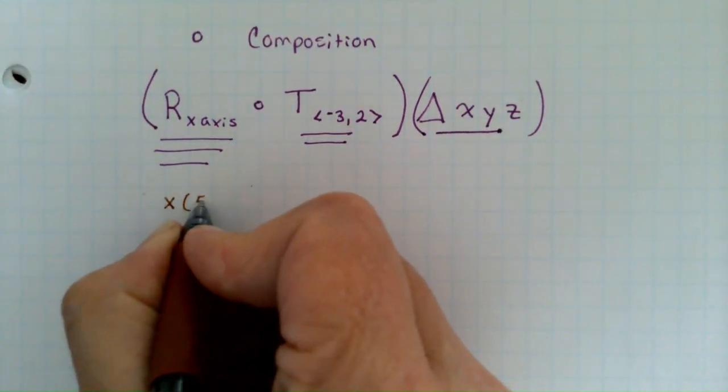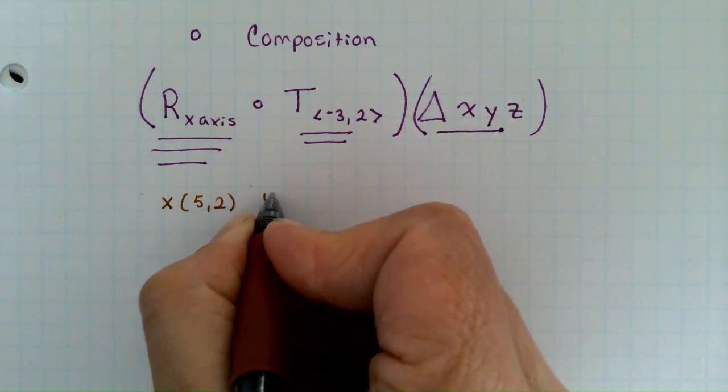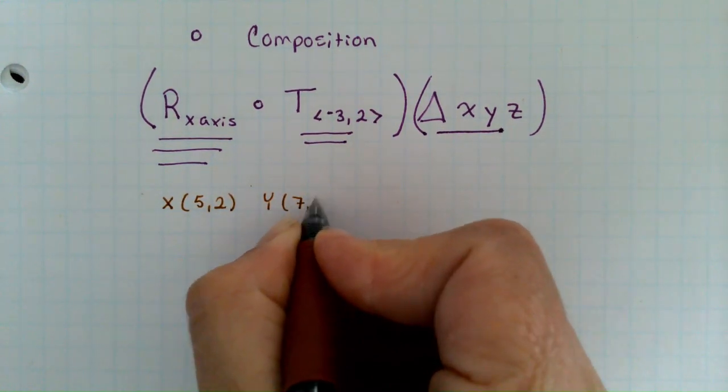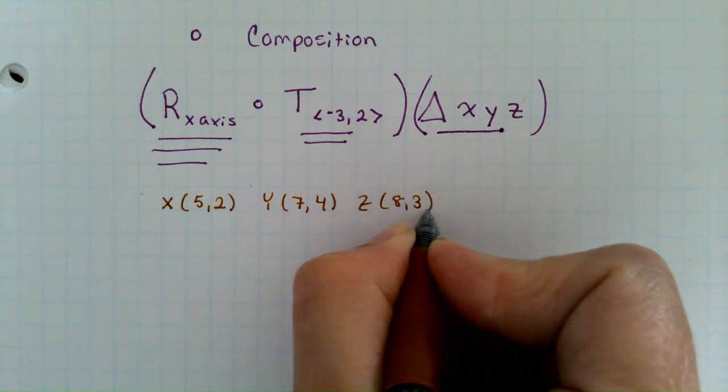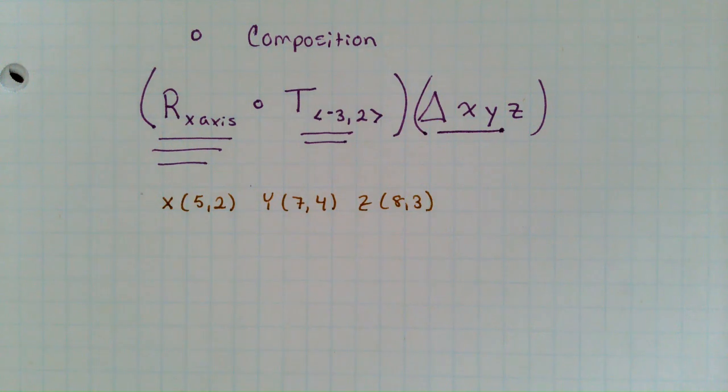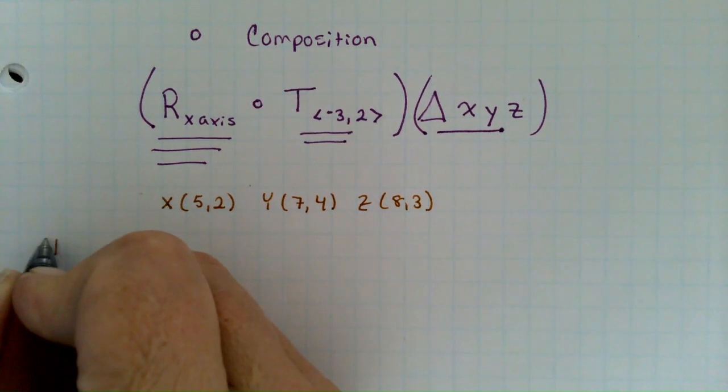X 5, 2, Y 7, 4, and Z 8, 3. Now, we could draw it, but we're going to be a rock star and we're going to do it without drawing it.